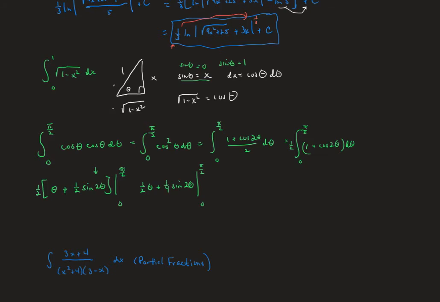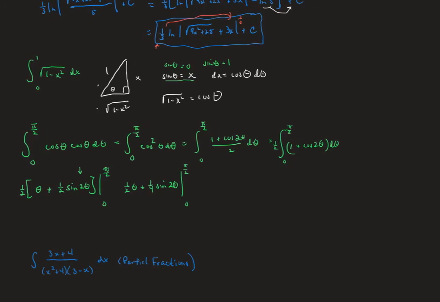So plugging in pi over 2, we're going to get 1/2 times pi over 2, which is pi over 4, plus 1/4 sine of 2 times pi over 2, which is pi, and then we're going to subtract from that 0 plus 1/4 sine of 0.